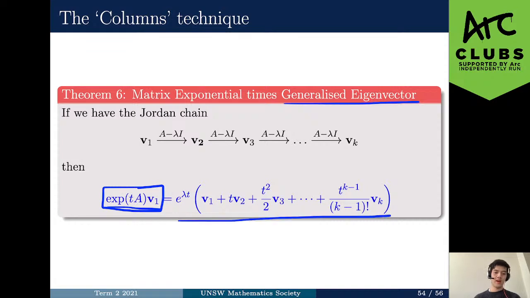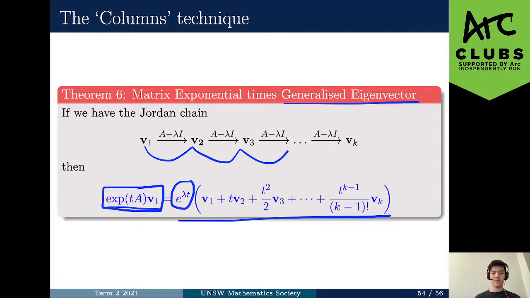So basically we have this scalar e to the lambda t, and then inside we multiply by each of those generalized eigenvectors with these coefficients that are very similar to the coefficients for the Taylor expansion of the exponential.